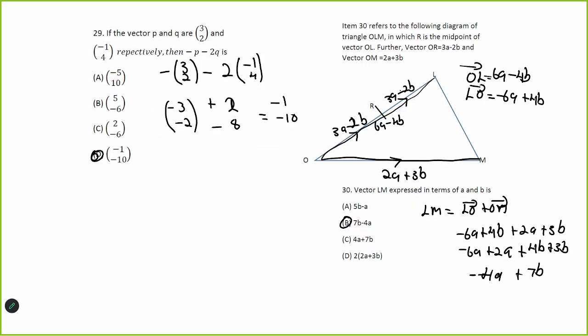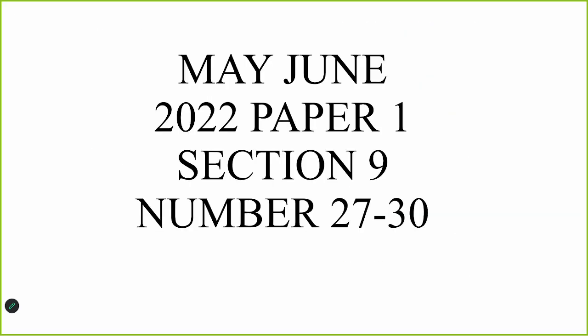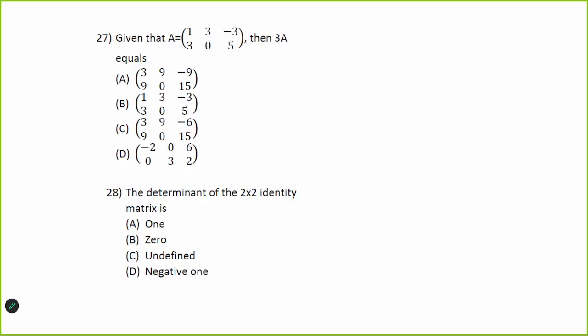Right, and that's the end of January 2023. Let's look at May, June 2022, section 9. We did this question: 3 by each element here, 3 by 1, 3 by 3, 3 by negative 3, 3 by 3, 3 by 0, 3 by 15. That would be A. The determinant of a 2 by 2 identity matrix is 1.